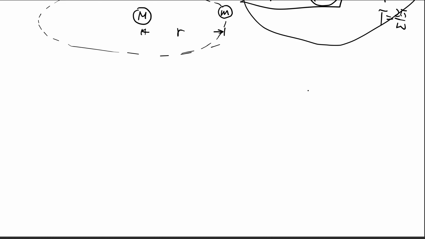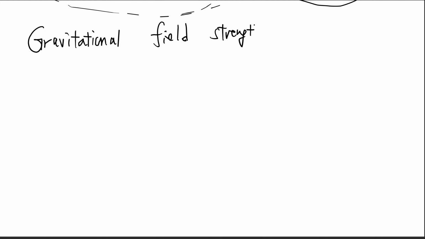So let's go on to the next topic. There is one concept in this topic we need to know about, which is the gravitational field strength. Last year, we talked about the electric field and the electric field strength.